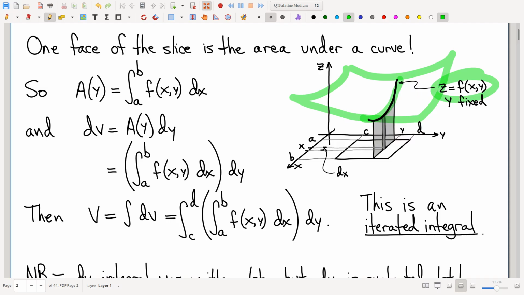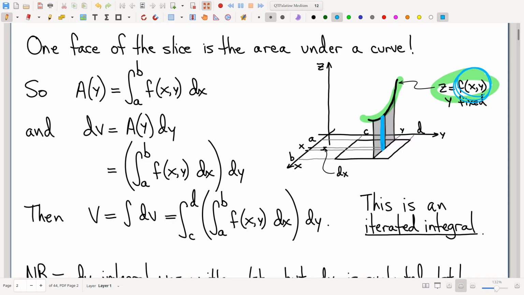What do I really need in order to compute this area? I need to be able to talk about the height anywhere I might experience as I move along the shadow, if you will, of this curve. And that height is the height up to this curve, which is on the surface with the equation z equals f of x, y. So I have a formula for the height. That height is the function whose graph I was looking at in the first place.